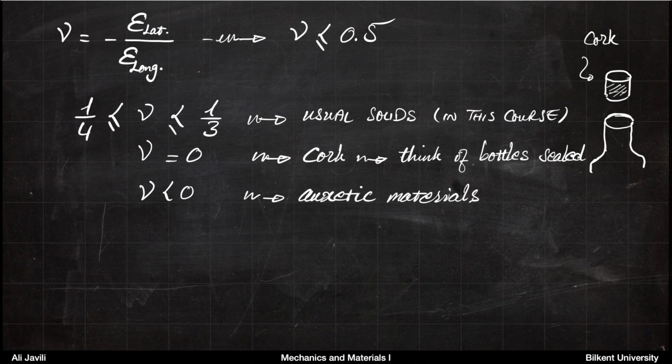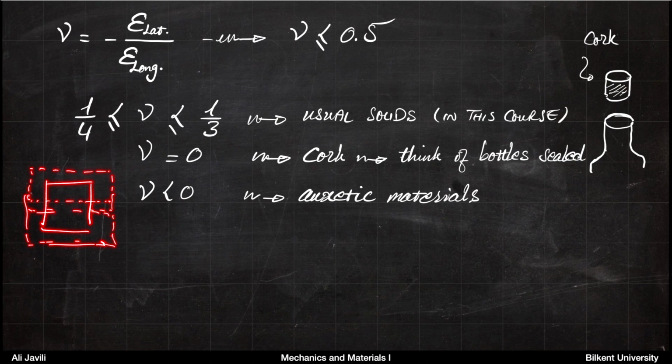Then you have this very particular family of materials called auxetic materials, and they have Poisson's ratio that is less than 0. These are usually very difficult to imagine, but essentially that means if you have a square and you extend it in one direction, in the other direction it also extends, so you get an expansion.